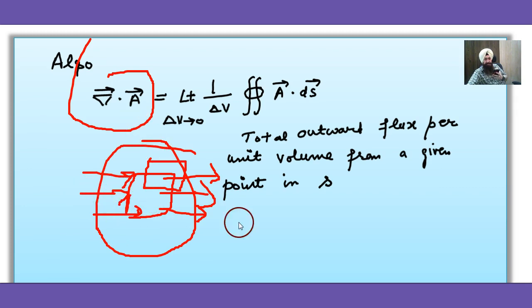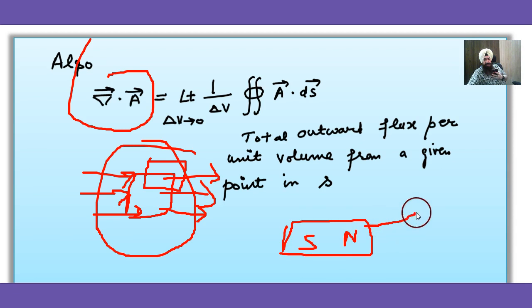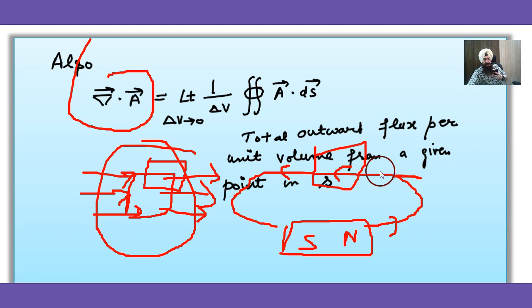Like in the case of the magnetic field, it does not have a single pole, it is always a dipole, N and S. So in the case of magnetic lines of force like this, if you consider an area element here, whatever flux enters, the same leaves.